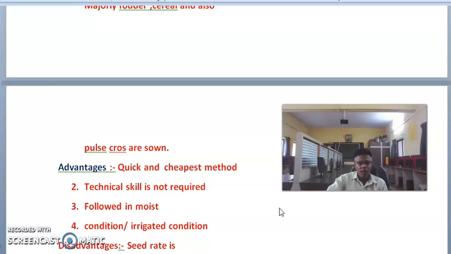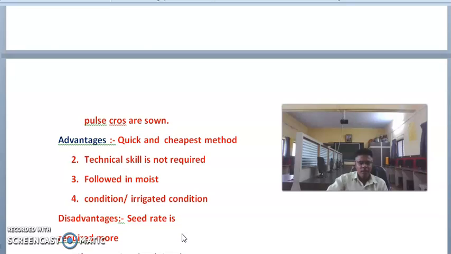It is followed in moist conditions, where soil moisture is available abundantly, and it is mostly adapted to irrigated conditions. It is also followed for fodder crops.